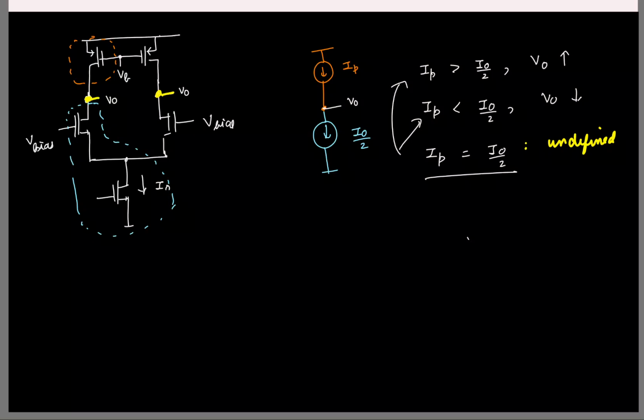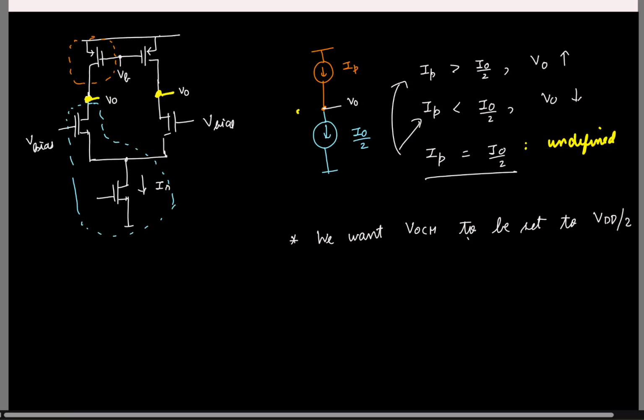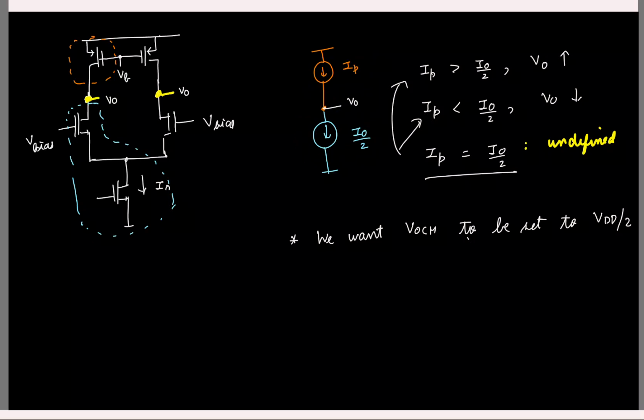VDD by 2. Again, that's not a sacred number, but that's a reasonable choice. So now we want the output common mode to be set to something, say VDD by 2 for convenience. And in this case it is not set to VDD by 2 because we have two current sources which are biased independently. So what is the solution, do you think?